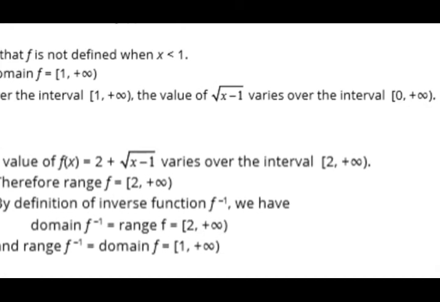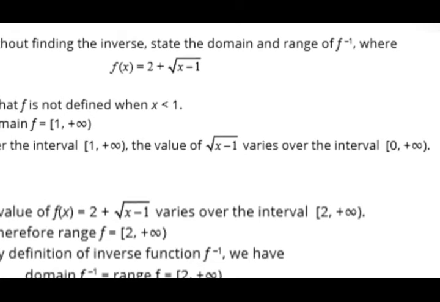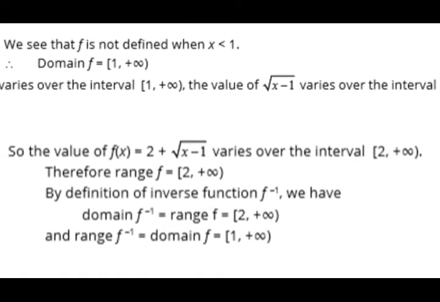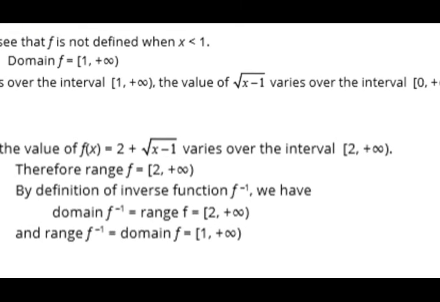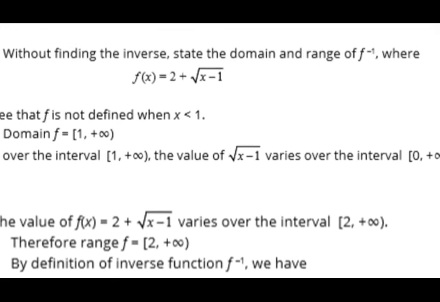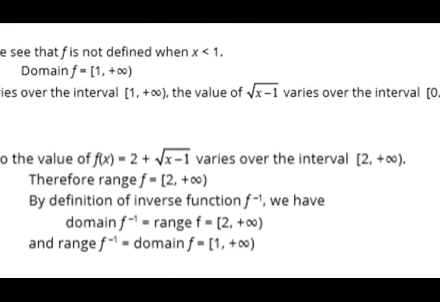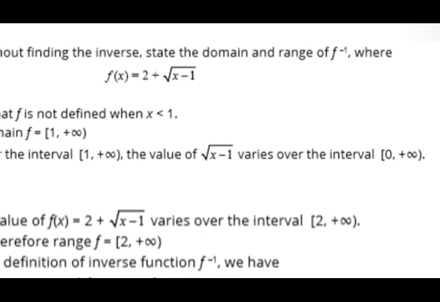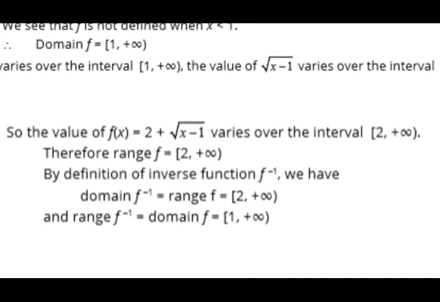So its range is from 0 to infinity, but with the addition of 2, its range becomes 2 to plus infinity. The range of the radical of x minus 1 alone is from 0 to infinity, but because it contains plus 2, the minimum value becomes 2 and the maximum is infinity.